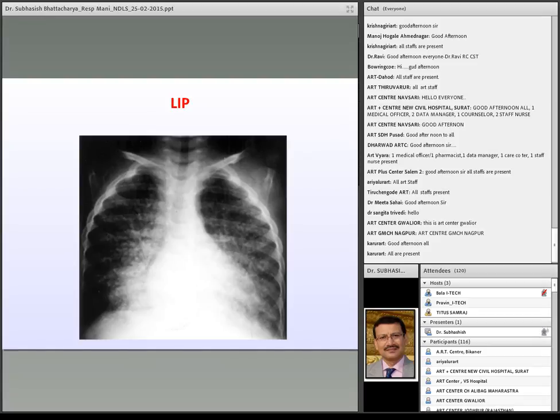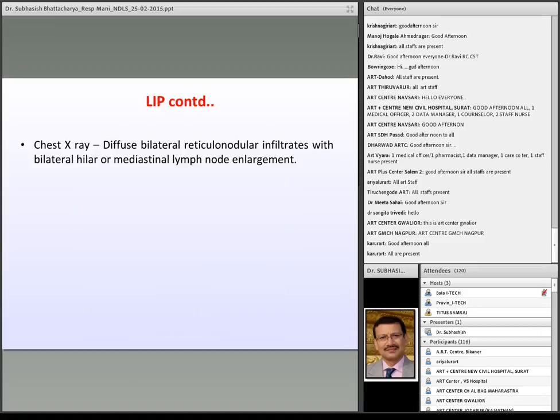This is the clinical and radiological picture of LIP which confuses it with tuberculosis infection. Even when there is no confusion, we should rule out tuberculosis in such cases before starting treatment. It is a diffuse bilateral reticulonodular infiltrate with bilateral hilar or mediastinal lymph node enlargement, which confuses us with mediastinal enlargement.